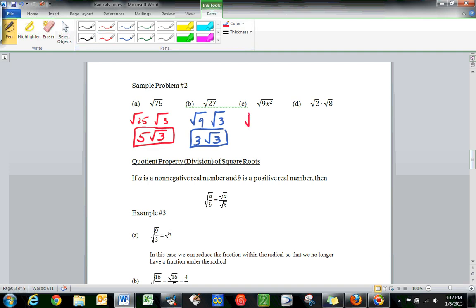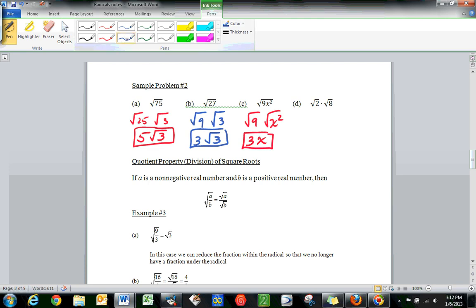So we can break those apart into two separate factors, and each of them is a perfect square. 9 is a perfect square of 3, so 3, and when you take the square root of x squared, the square root and the square cancel each other out, leaving you simply x. So we have 3x remaining.